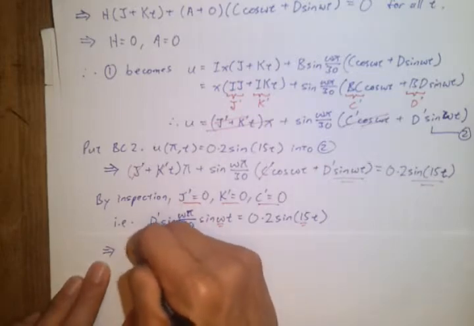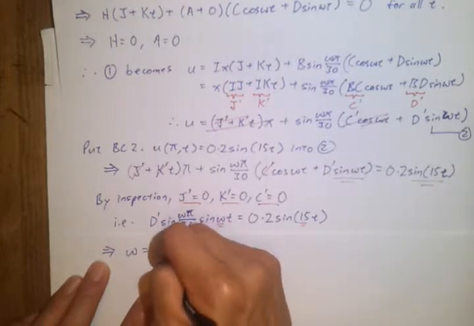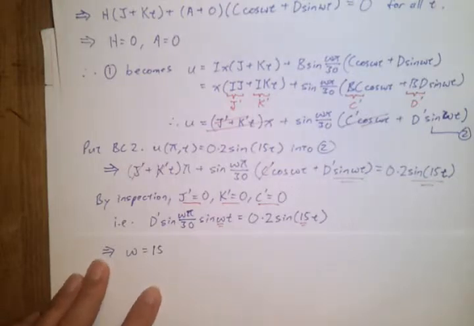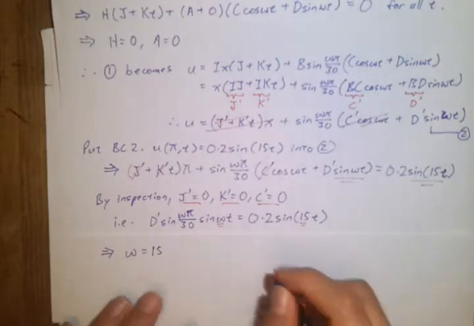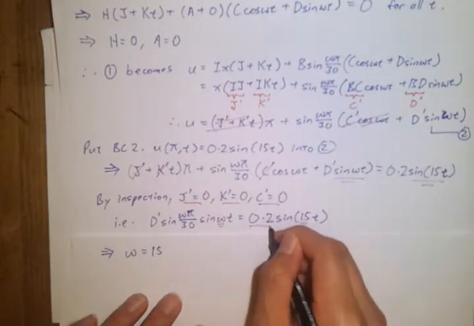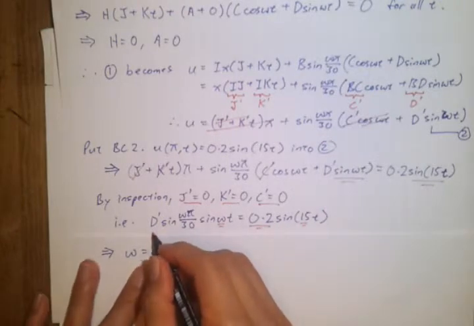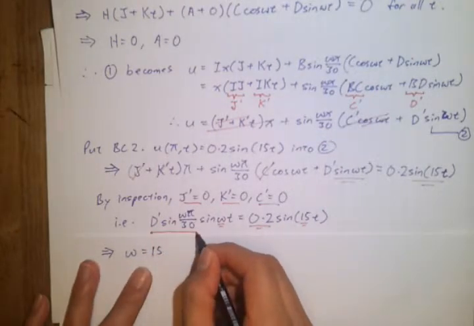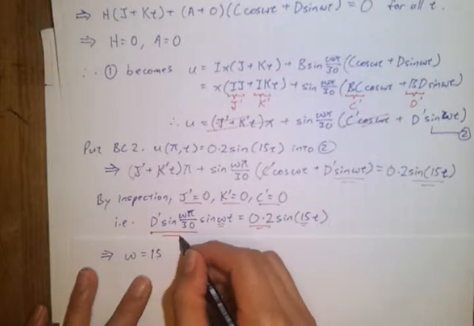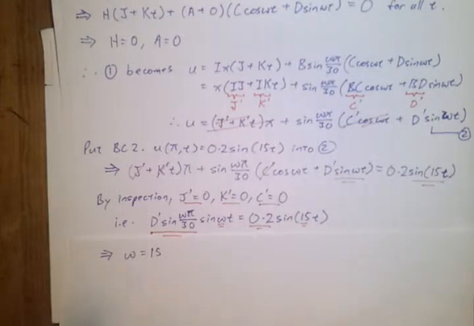And this 0.2 must come from d prime times sine omega pi over 30.